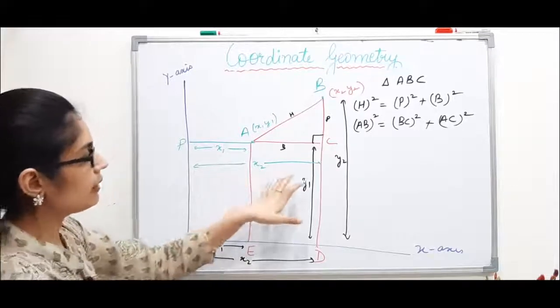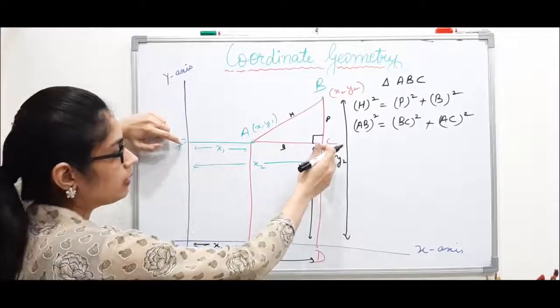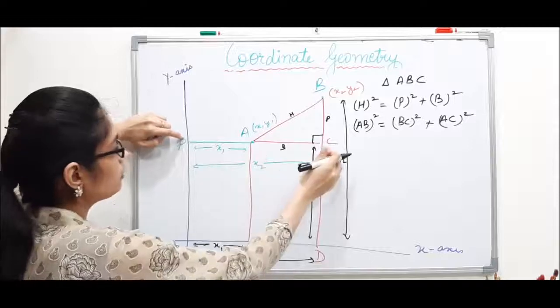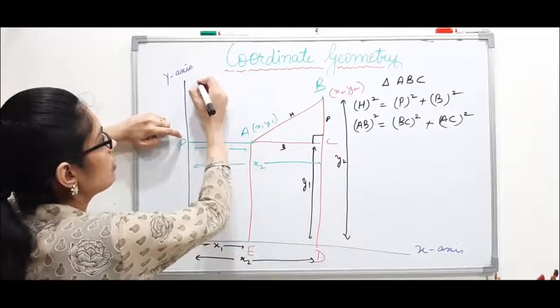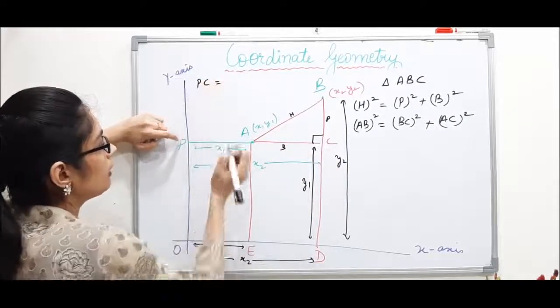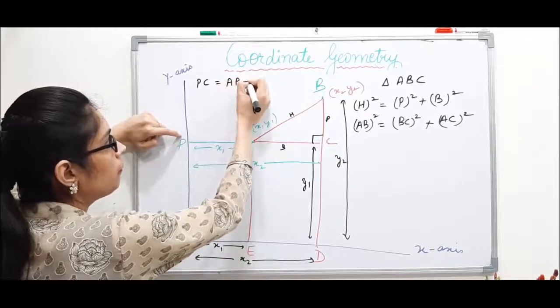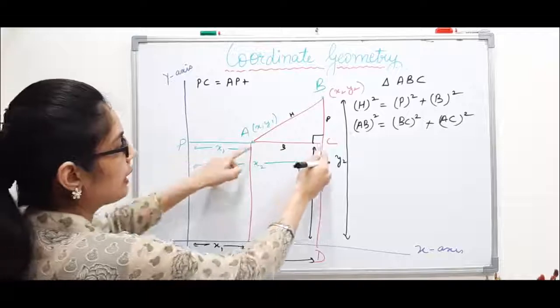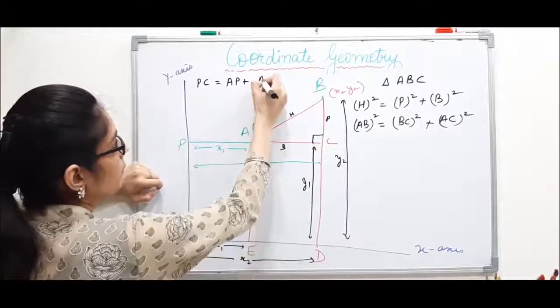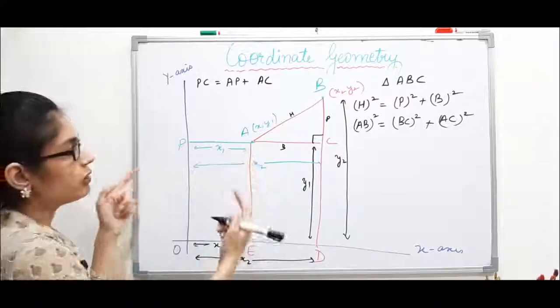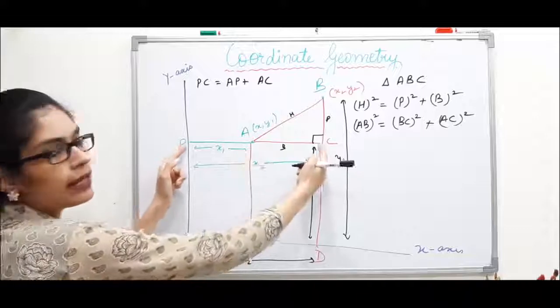Now if you see this line, I can write this complete line as PC. I can write it as AP plus AC. Two half lines I am just adding. This complete line is PC.